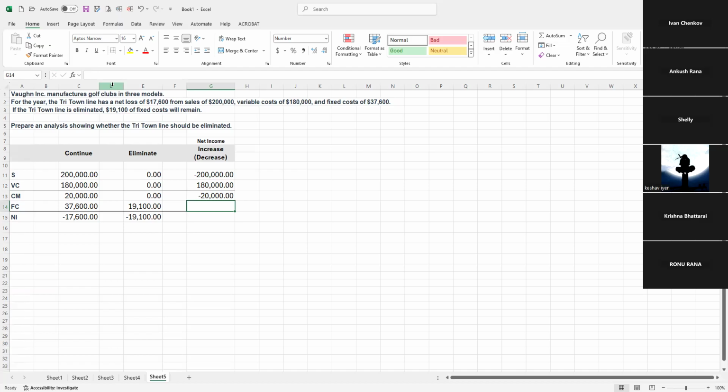On the fixed cost, if I eliminate it, how much of the fixed cost am I eliminating? Sorry, I'm eliminating only this one, right?